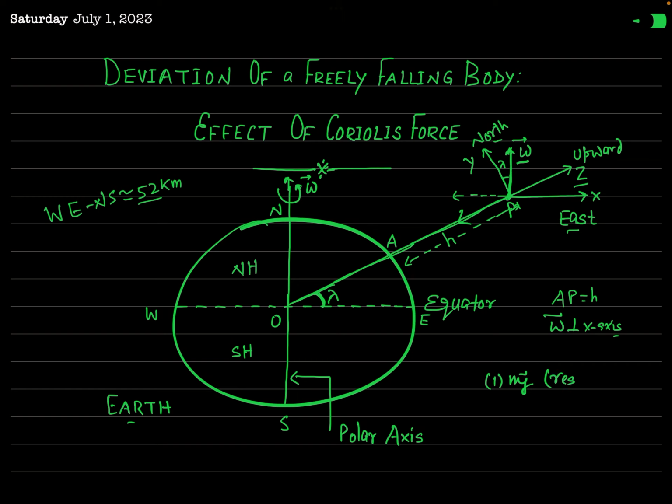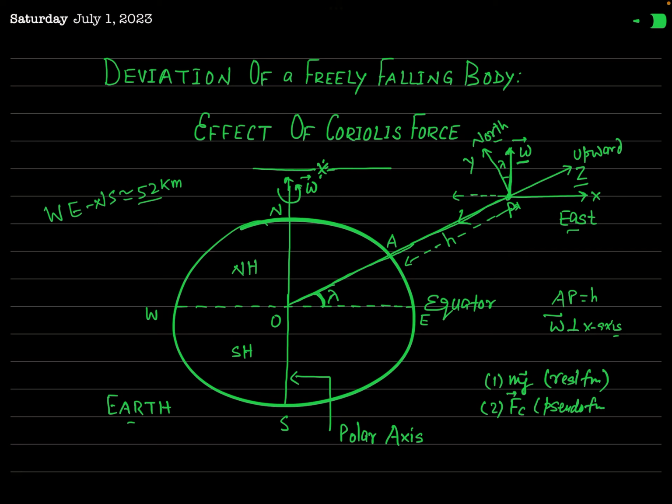Apart from this real force, this body will also experience a pseudo force, which is called the Coriolis force, because the body has velocity with respect to the rotating frame, that is the frame of the earth. You have already studied it.